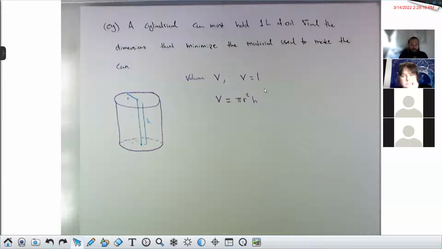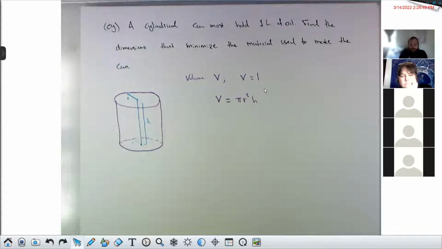Am I trying to maximize or minimize the volume though? No, the radius and the height. Sort of. So I'm trying to minimize the material used in the can.